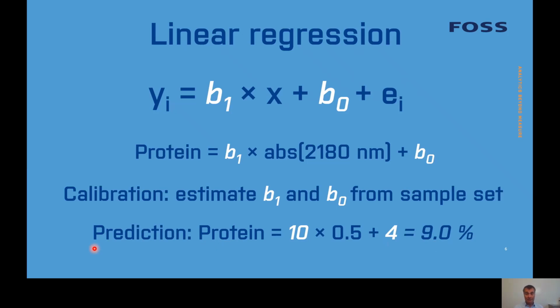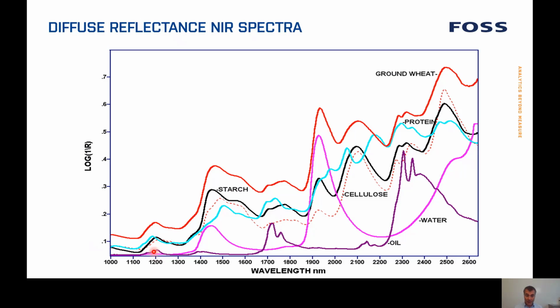This is a simple case because the world is a little bit more complex. Here you can see the protein, this light bluish curve here. But in a real biological sample, we also have starch and water and fat and oil and many, many other things. And all these other spectra here also give signal at 2180 nanometers.